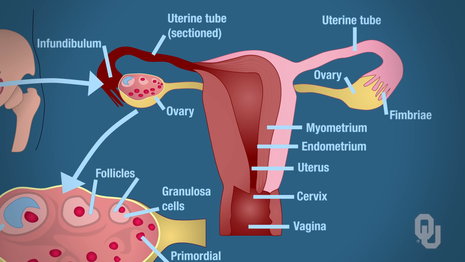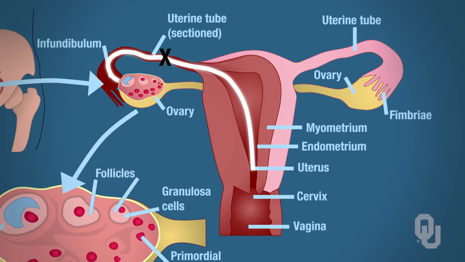Once that mature ovum is ready, it will leave the ovary and travel into the uterine tube. If fertilization is going to occur, it occurs in the uterine tube. We'll put a big X. X marks the spot. That's where fertilization takes place. Then either the zygote, if it's a fertilized egg, or the mature ovum, whichever the case may be, will travel to the uterus.